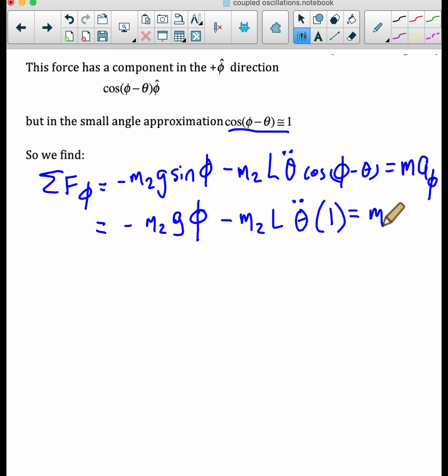And we'll again do kinematics, and assuming the pendulum cord is the same length, then this is going to be L times phi double dot. So this is the net force equation for M2. And so now we're just going to put those two equations together, the net force on M1 and the net force on M2. That's on the next slide.